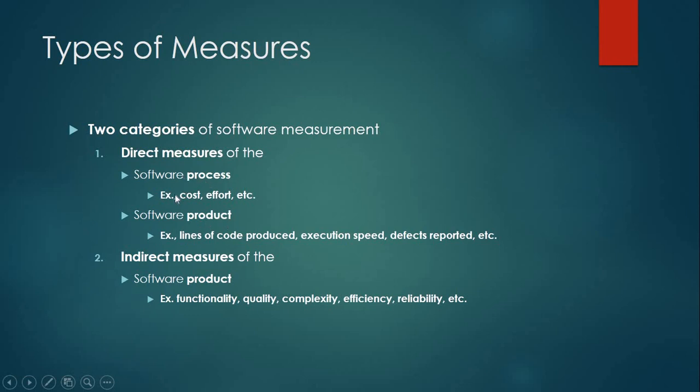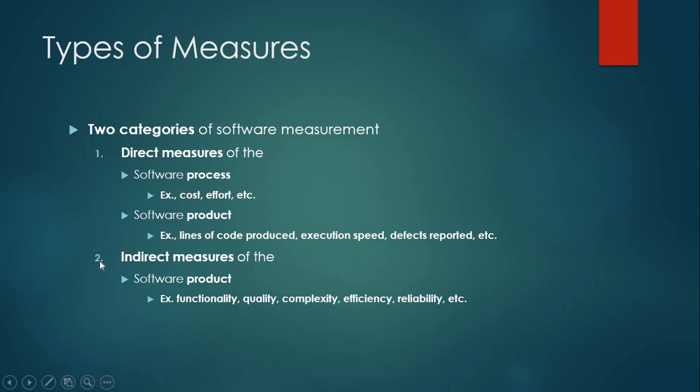For the software process, direct measures are cost and effort. For the software product, direct measures are lines of code, execution speed and defects reported. Lines of code means how many lines of code we have, how many defects are reported in our program, and how much time it takes to execute.